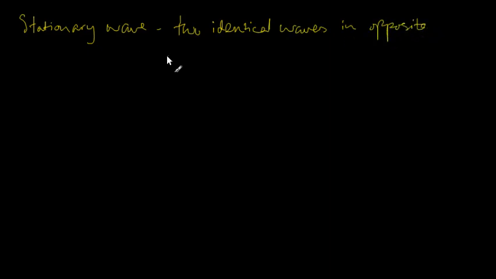A stationary wave is formed when you have two identical waves in opposite directions meeting each other.